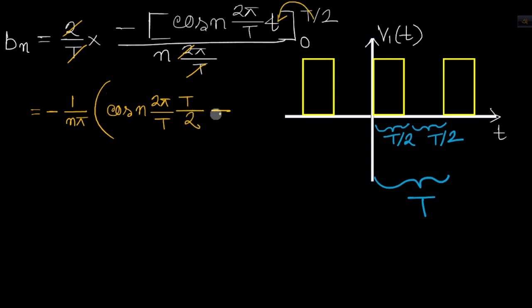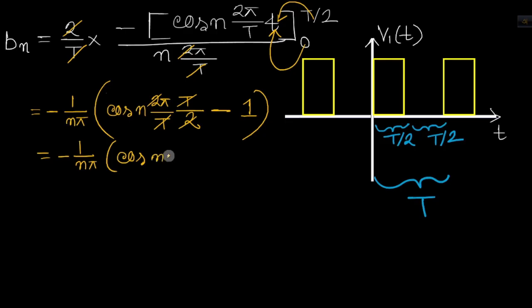Then we have to take a minus here, then cos 0 radian is equal to 1, right? So minus 1 by n pi, T cancels out, 2 cancels out, so cos n pi minus 1, and we can write this as 1 by n pi times (1 minus cos n pi).